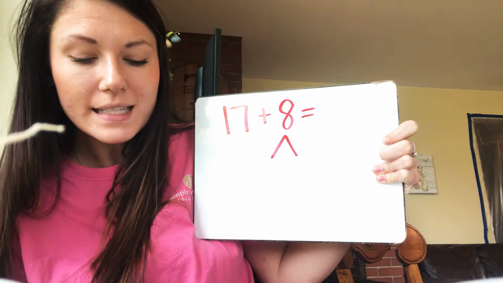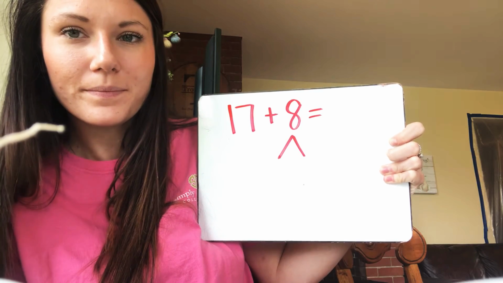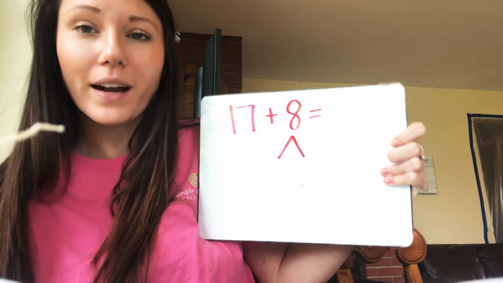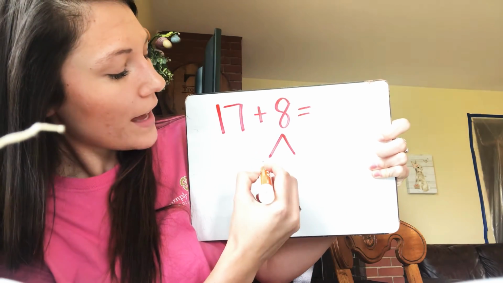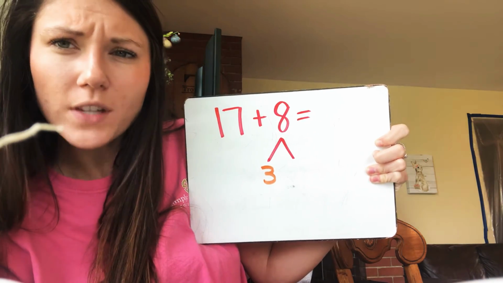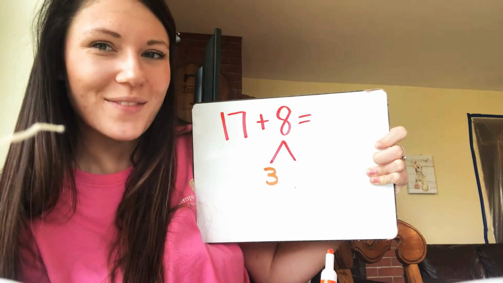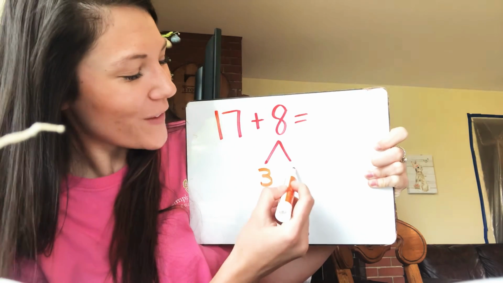And we have already said that how many do we need to add to the 17? We need to add 3, right? So if I take 3 away from 8, what's going to be left over? What is 8 minus 3? Did you say 5? Kiss your brain, it is 5.